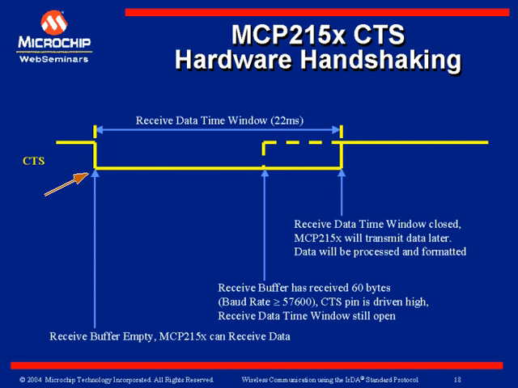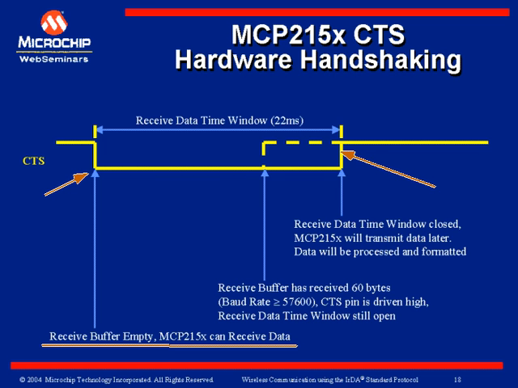Once 60 bytes have been received, the CTS signal will be driven high. The reason for this is to indicate to host controllers that use a transmit FIFO on the UART to get ready to stop. And the 21.5x can receive an additional 4 bytes. When the 64 bytes have been received, the data will be processed, formatted, and then transmitted to the primary device.